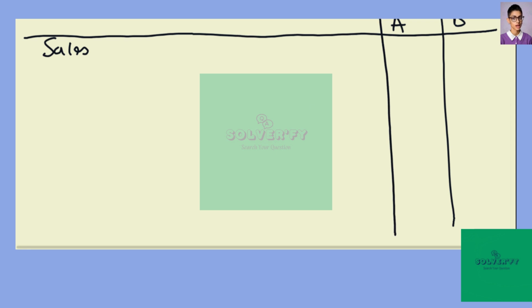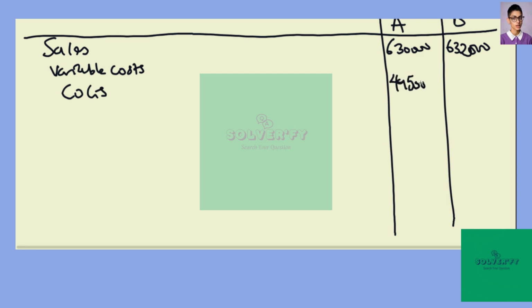So for sales, for division A, sales is 630,000 and it's 632,000 for B. Then we're going to move to the variable costs. So for the variable costs, the first thing will be cost of goods sold, and for A is 495,000 and for B is 496,000.